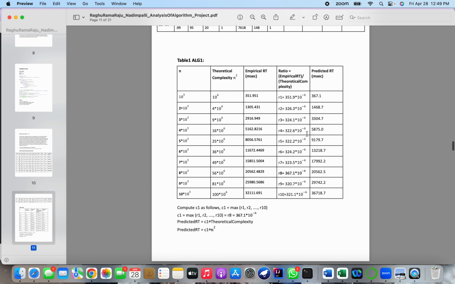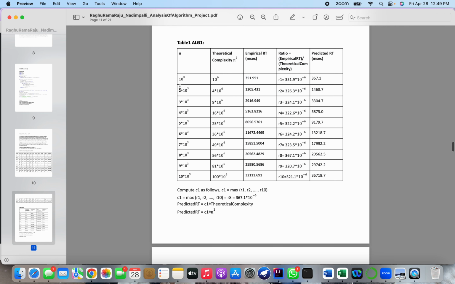So this is the table where I have analyzed the empirical RT and the predicted RT. My input is from 10 power 3 to 10 into 10 power 3, and as I already explained, for brute force the theoretical complexity is n square. So n square, 10 power 3 squared, is 10 power 6. This is how we got the theoretical complexity.